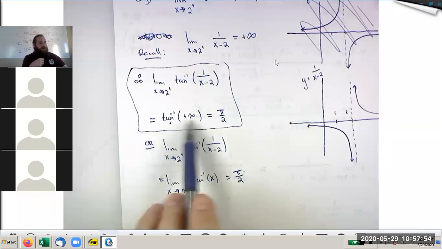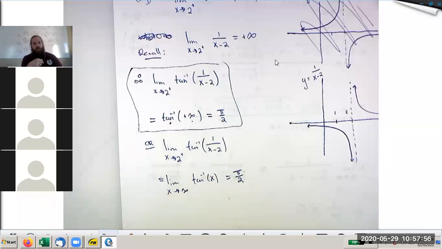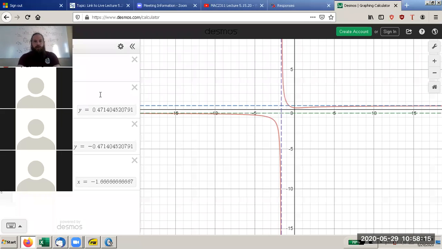Therefore, the inverse tangent of plus infinity is pi over 2. This down here maybe feels a little bit more rigorous, but I don't think it's fair to say that. I think either of these are fine. Well, you have to remember what arctan does. So this was one of the examples that we did back on Wednesday, right? So arctan on his own, got to remember all these graphs.